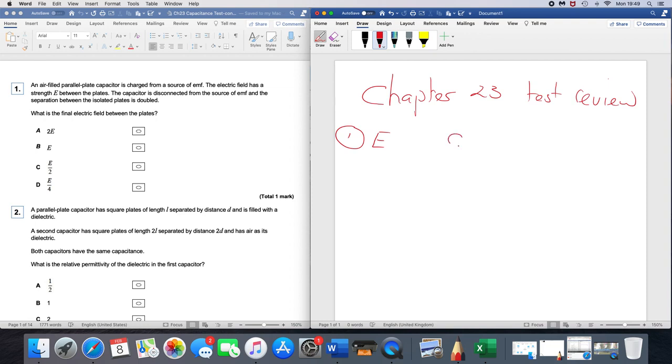So we have Q equals CV, we have C equals epsilon naught A over D. So the field, of course, is V over D. Now we are going to double this, but we are also going to do work against the field to pull these plates apart, and so we will also double this, and so we will have an answer of B, 2V over 2D being E.